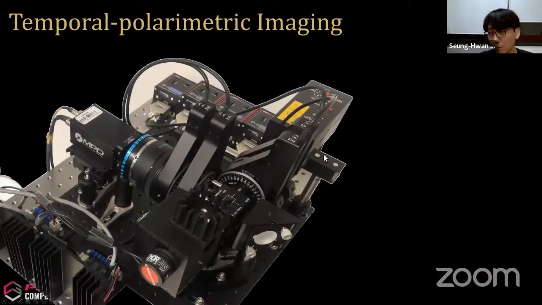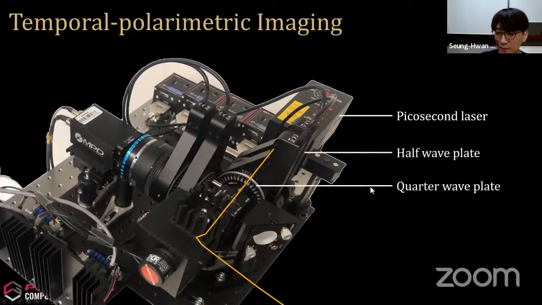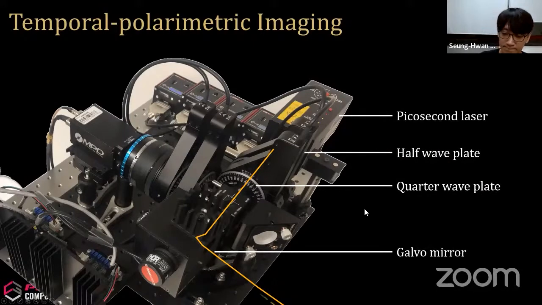Given our proposed temporal polarimetric BRDF model, in order to acquire those data, we built an imaging system consisting of a picosecond laser that emits light to a scene. We have some polarization filters and a galvanometer that allow us to scan through this scene.